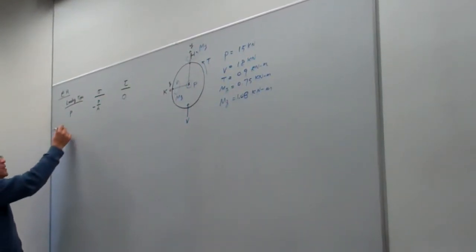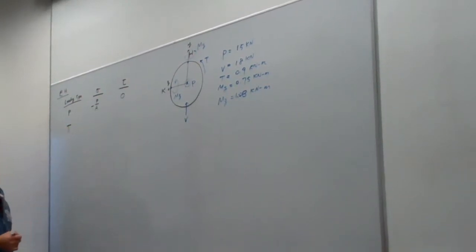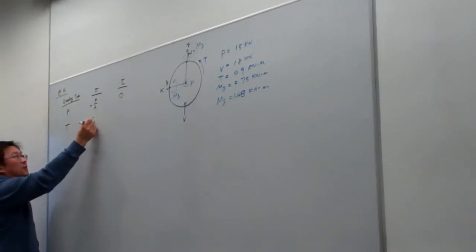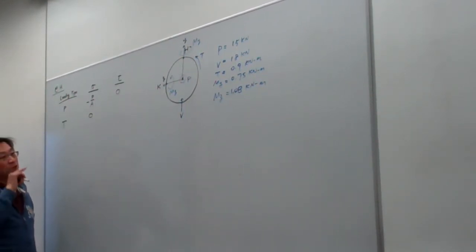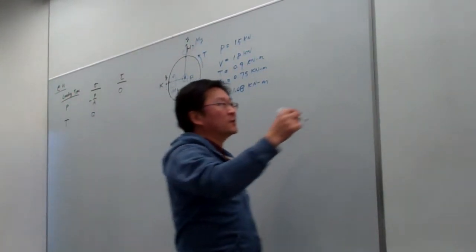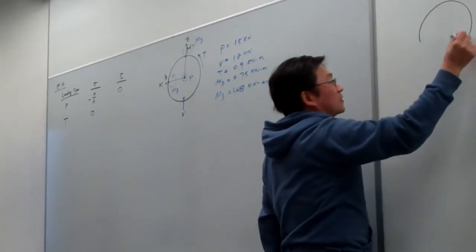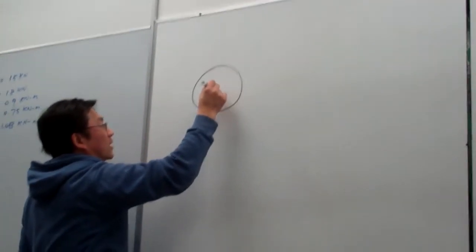Now the second one is torsion. Torsion shouldn't have any normal stress induced. And for torsion, chapter 3, let me review that here.